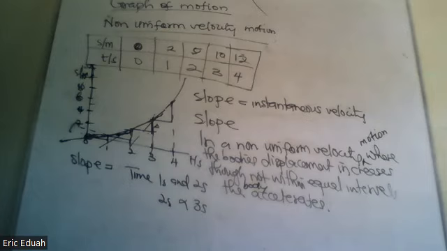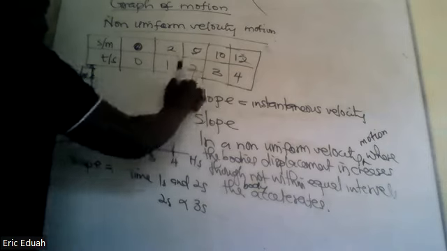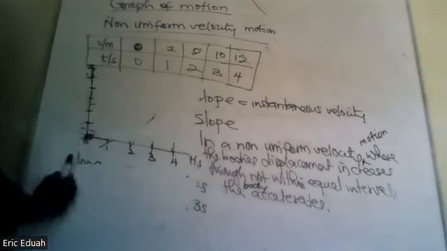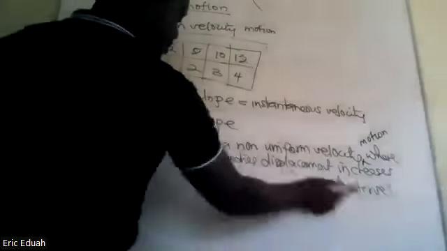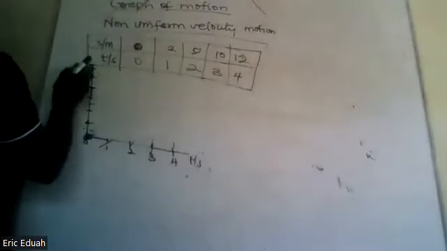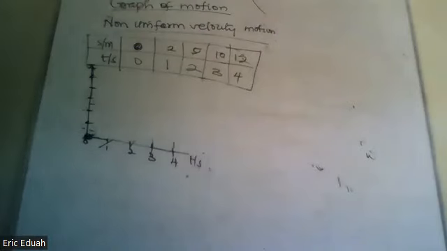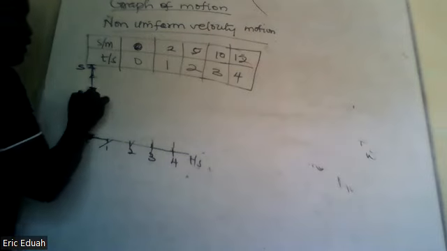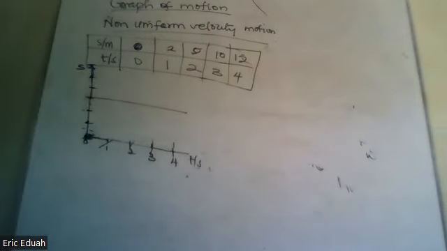All right. Let me test your understanding on something before we move on. I want you to think through something and tell me: if you have a displacement-time graph and the motion is like this, what does it mean?